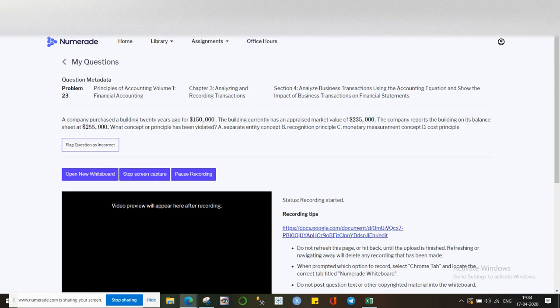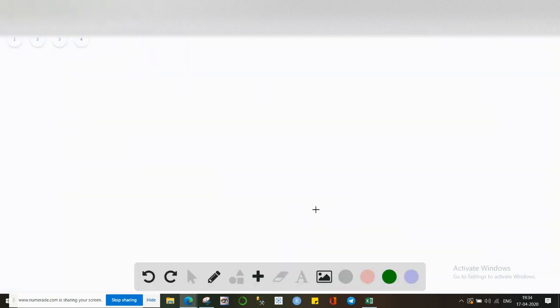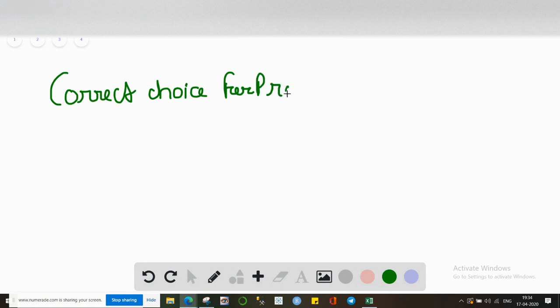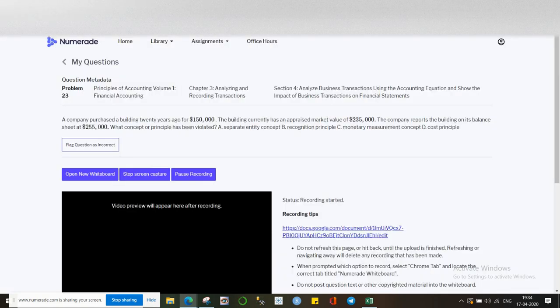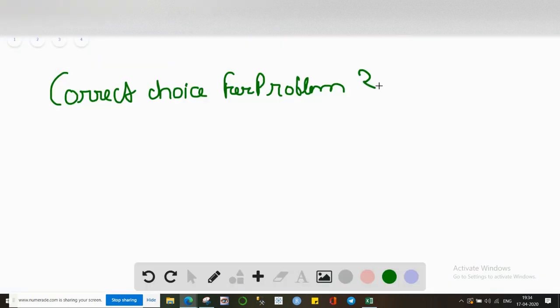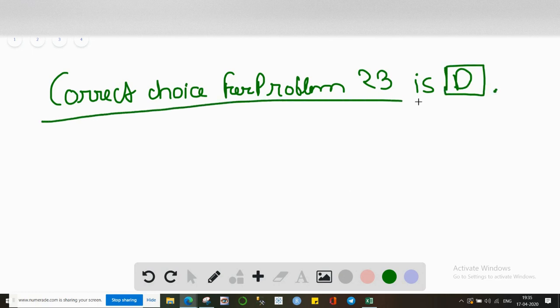It's the cost principle. So the correct choice for problem 23 is D. That's all for the solution.